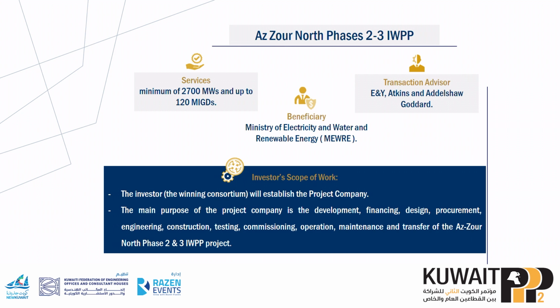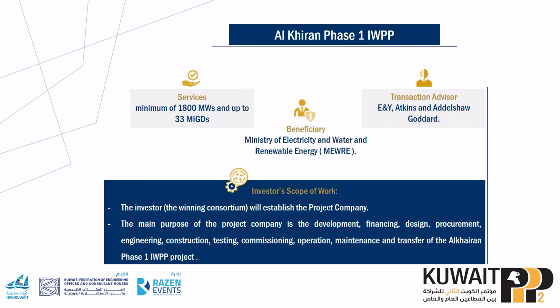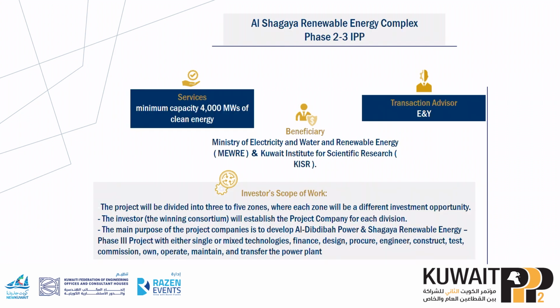The public entity is the Ministry of Electricity, Water and Renewable Energy, and currently they are in the qualification phase. Second is Al Khairan Phase 1, with a minimum of 1,800 megawatts and up to 33 million gallons, the same public entity and the same stage, which is the qualification stage.